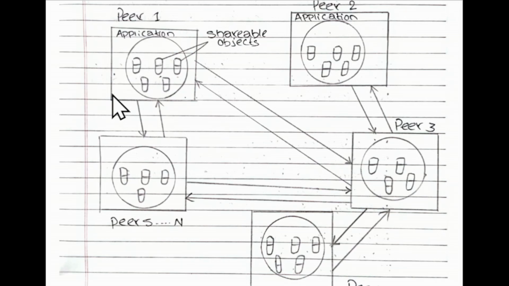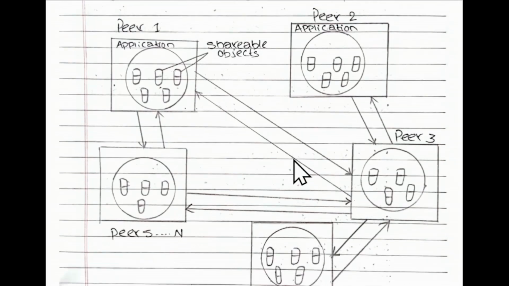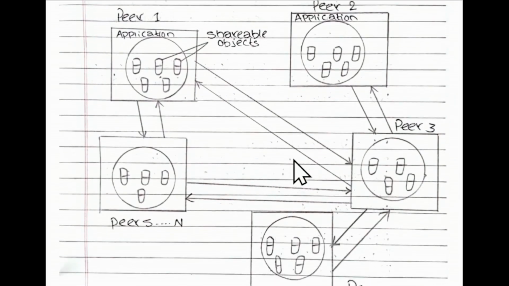These are all applications, and these are all shareable objects. Peer 1 is requesting peer 3 and peer 3 is giving the result. Similarly, peer 1 is requesting and peer 5 is giving the result. This is the diagram of the peer-to-peer model.